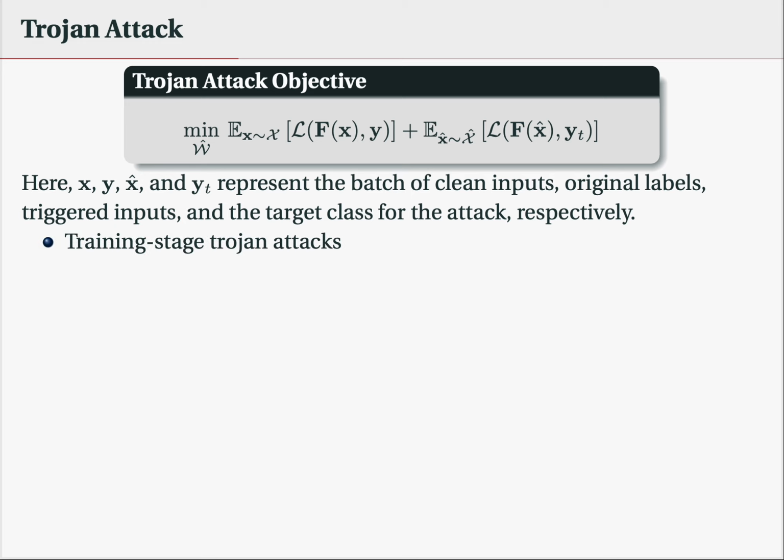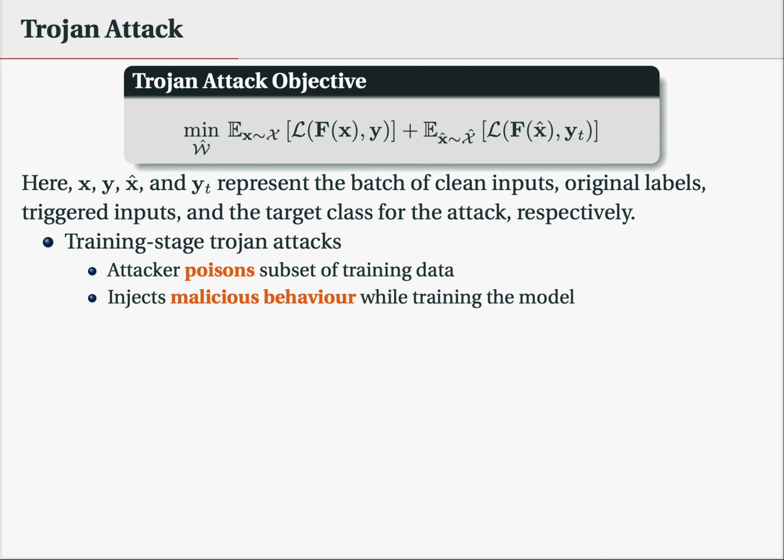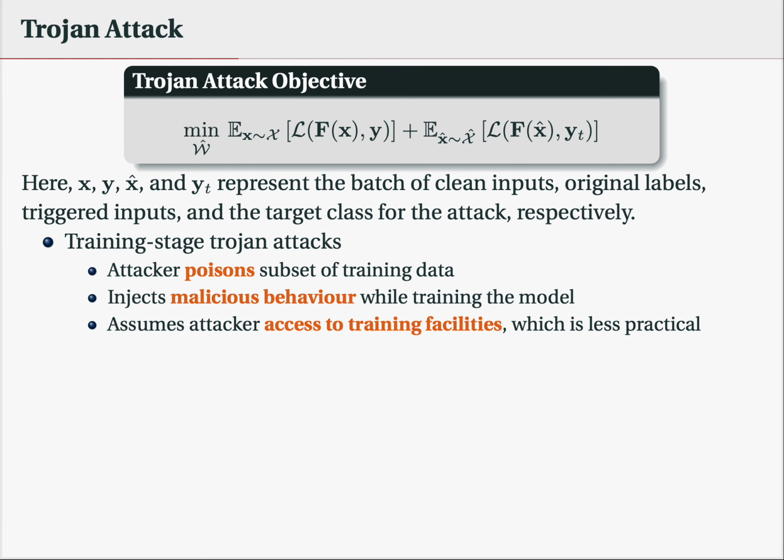The first one is training stage Trojan attacks. Here, the attacker poisons a subset of training data to inject malicious behavior while training the model. Here, the attacker can access training facilities. This is the assumption, which is less practical.